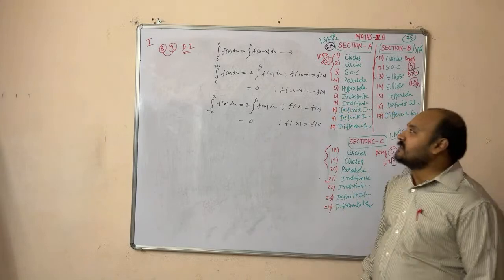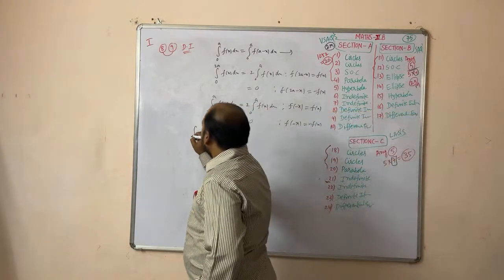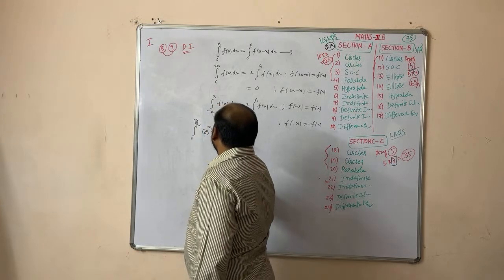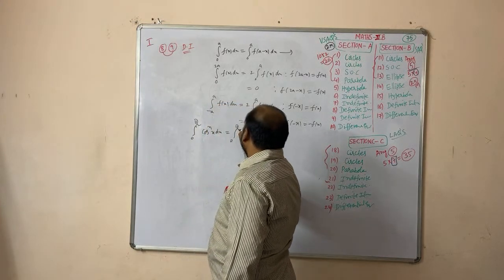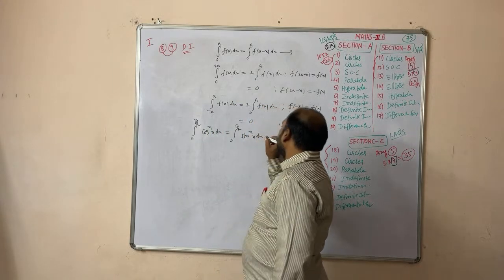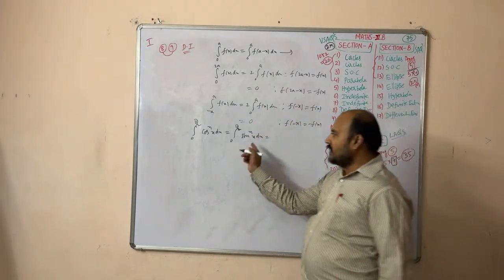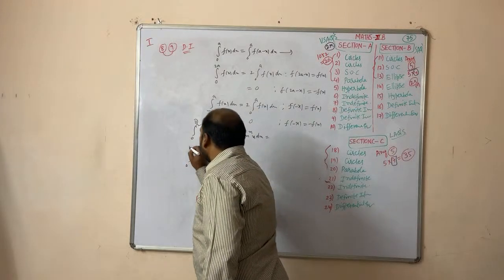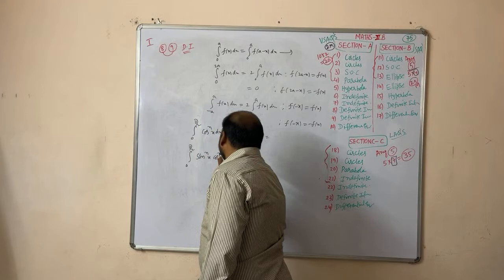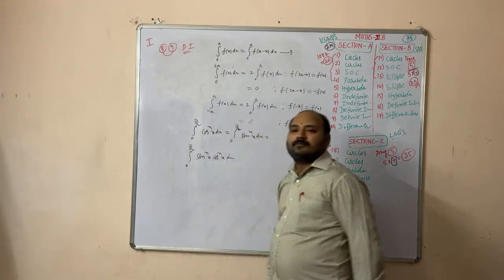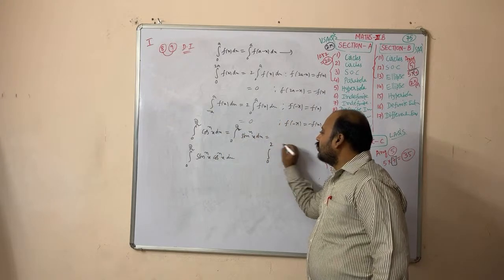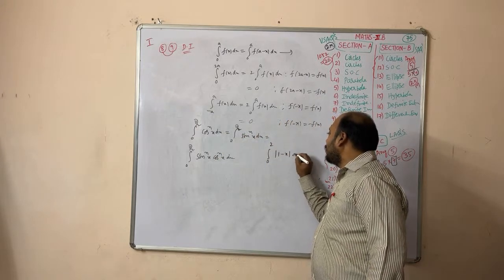Based on these properties. And integral 0 to pi by 2 cos power n x dx, integral 0 to pi by 2 sin power n x dx. Not only these possibilities, integral 0 to pi by 2 sin power n x into cos power n x dx, and integral 0 to 2 mod 1 minus x dx.